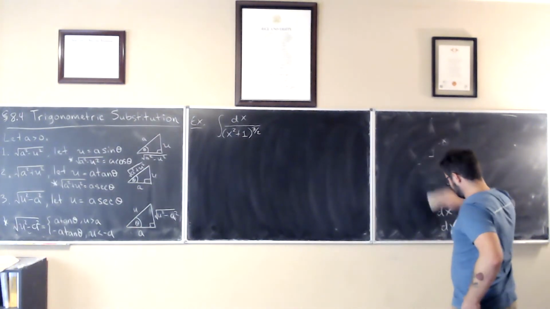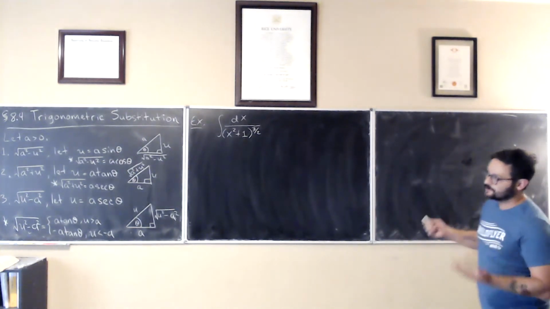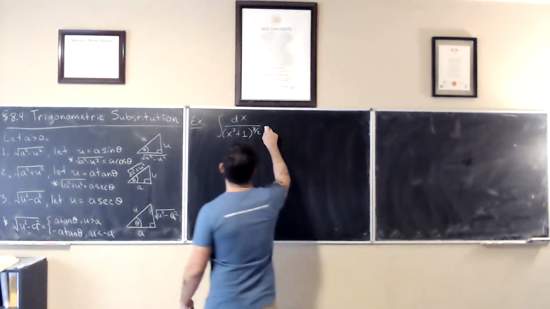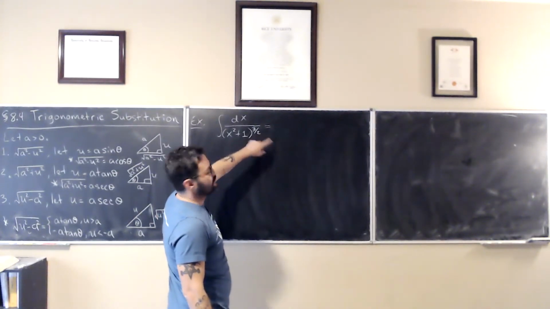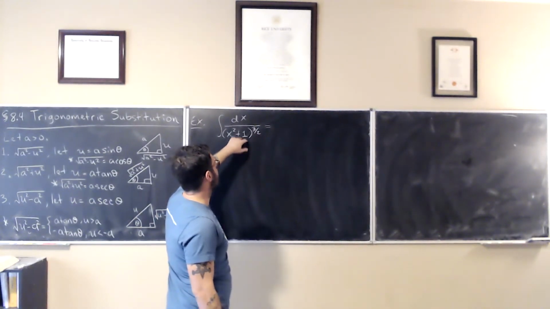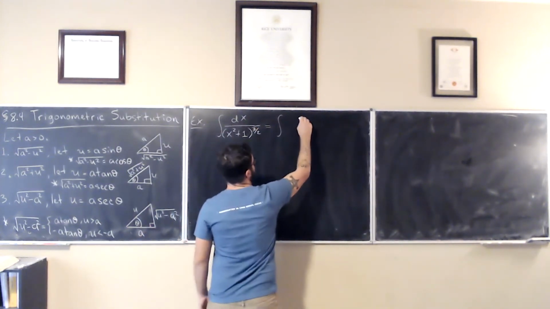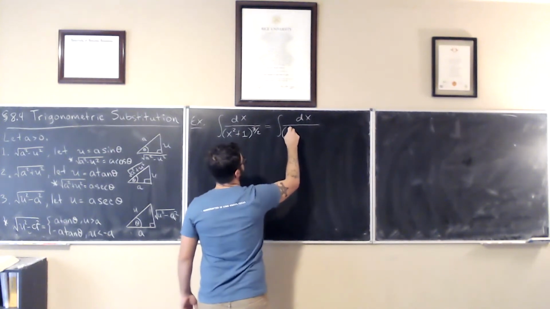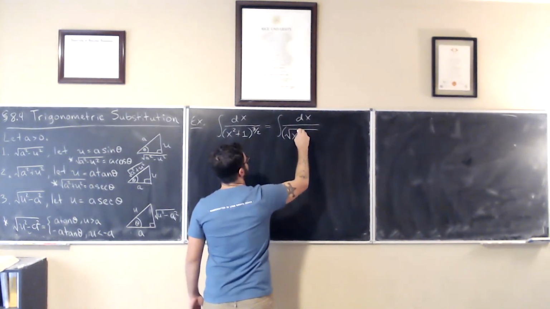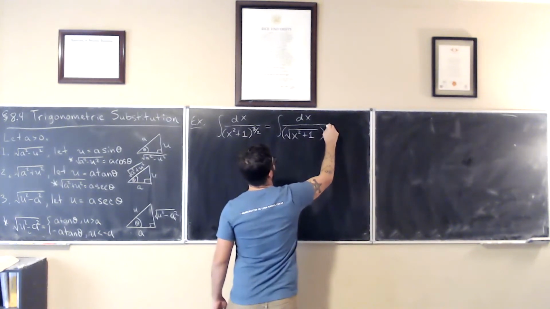It's kind of funny that that's what I was just emphasizing, but I don't see one there immediately. But there is one. Because this is like the 1/2 power being raised to the 3rd power for this quantity in the denominator. So then, acknowledging that, I can say this is like square root of x squared plus 1, all cubed.